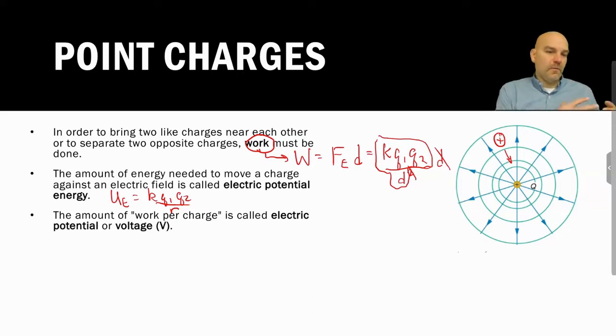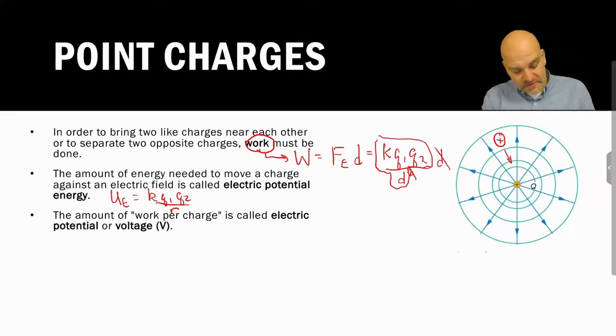Now, when you talk about work per unit charge, we get something called electric potential, also known as voltage. And so to find the amount of electric potential, we're just simply going to use the definition, work per unit charge. And I put a G, a very common mistake for me. I like to switch those letters around.